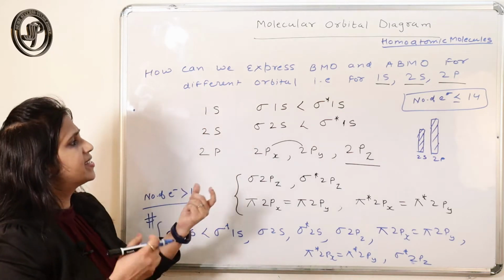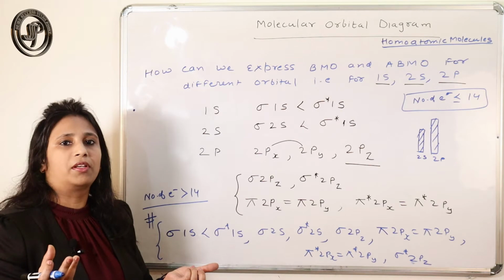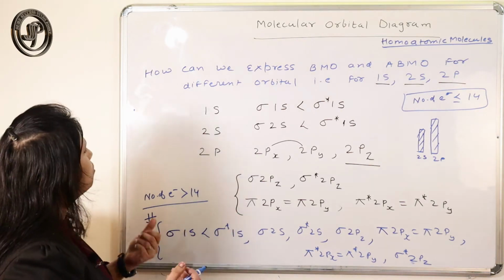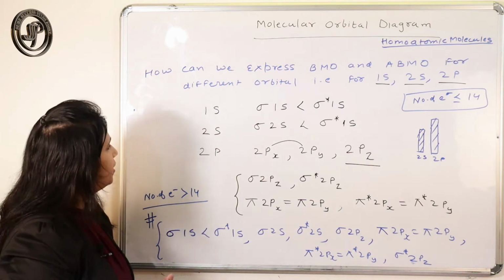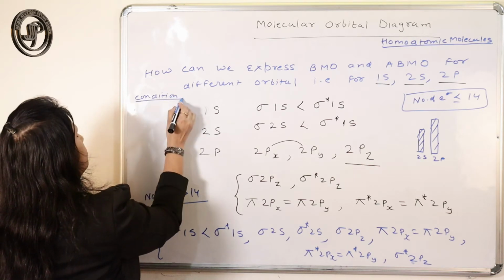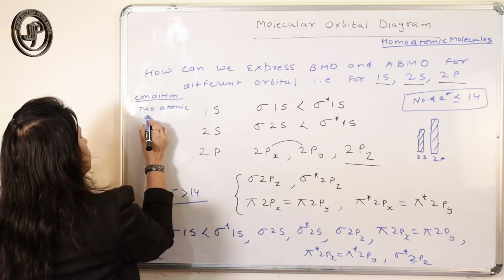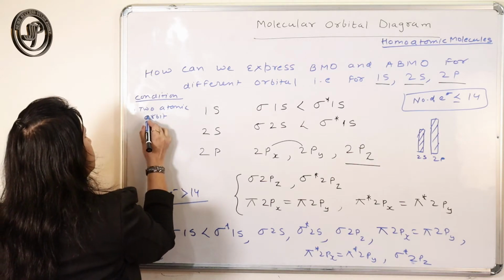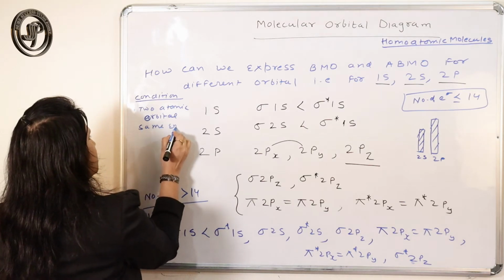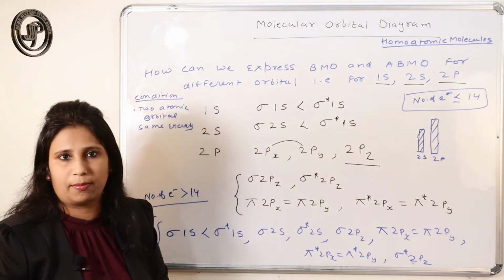Since here 1s and 1s are combining to form the molecular orbital, 1s and 1s should have the same energy. So the two atomic orbitals must have the same, or nearly the same, energy.